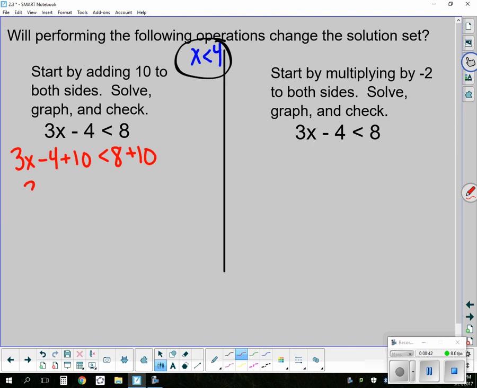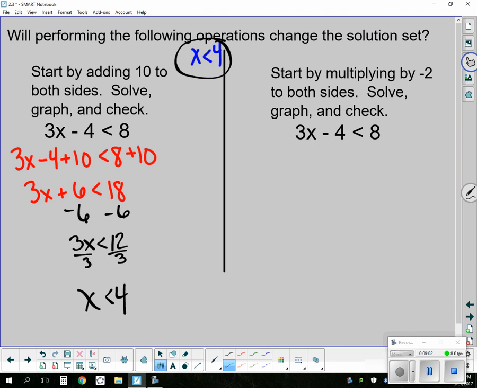Okay, so to check that out, you're going to combine negative 4 plus 10 and 8 and 10. Then continue solving by subtracting 6. And then divide by 3. And check it out, we got x is less than 4.